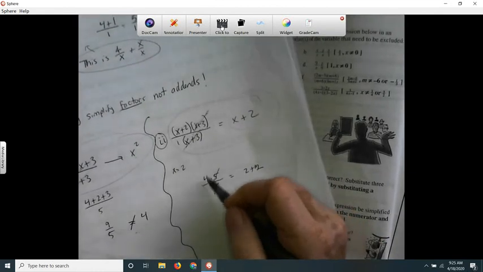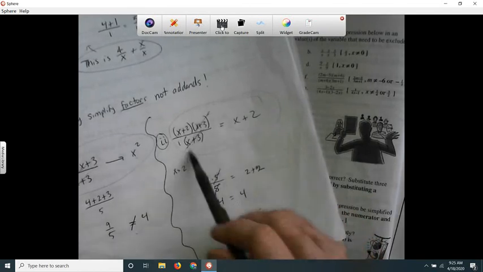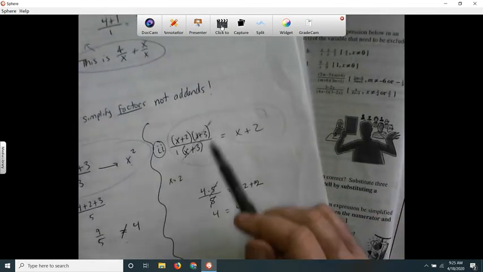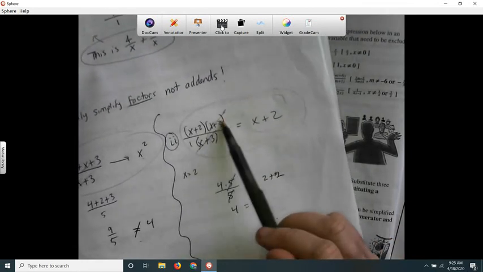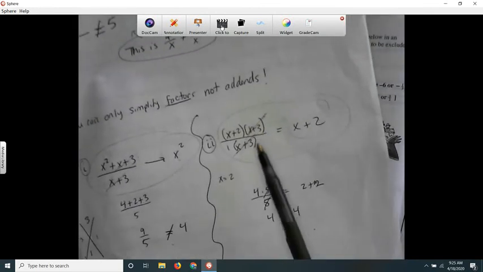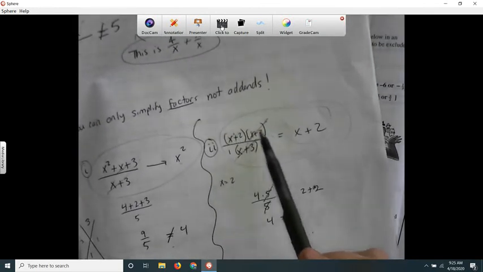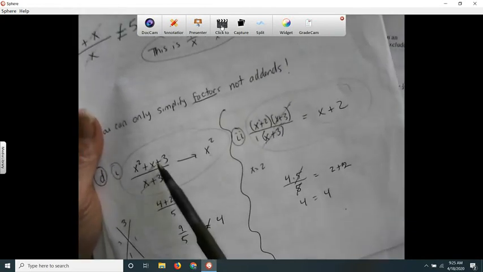And if I tried plugging 3's in, the same thing would happen. You can try plugging a couple more values in. What we're trying to get to is to make you understand that since these are factored, since it's like something multiplied by something, that's when you can cancel. If it's just something added to something, you can't cancel.